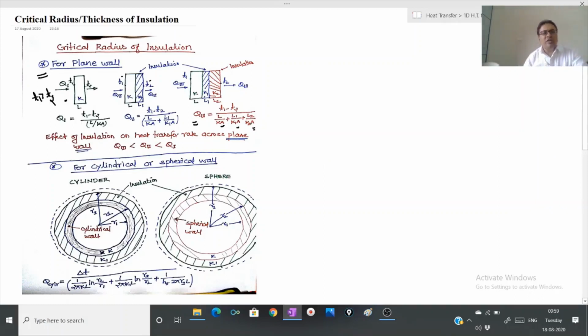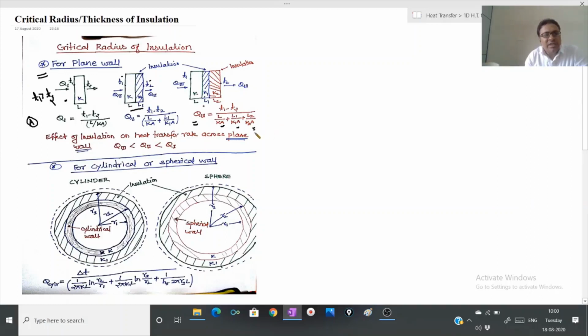Now the point worth noticing here is that the area normal to heat flow always remains A in all these three cases. But what is being observed, when we provide the layer of insulation, it increases the length of the path of the heat flow in the direction of heat flow.